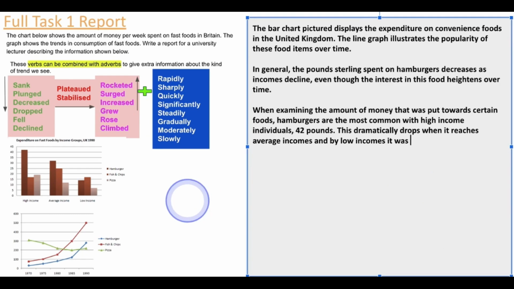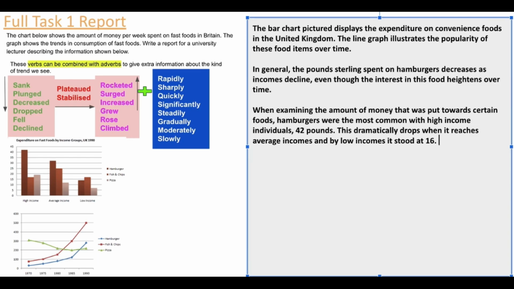Actually, we should be in the past tense. Hamburgers were the most common. This dramatically drops when it reaches average incomes, and by low incomes it stood at 15, just over 15. Sometimes it's hard to read these graphs. Maybe 16. Okay, so that's hamburgers.